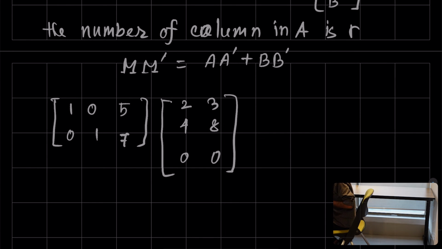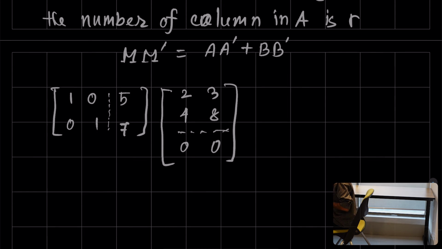So as you can see, the number of columns in the first matrix is 3. So I have to take an integer that is less than 3, so I can take it as 2. If I take 2, then I can decompose the first matrix in this way, and the second matrix in this way.